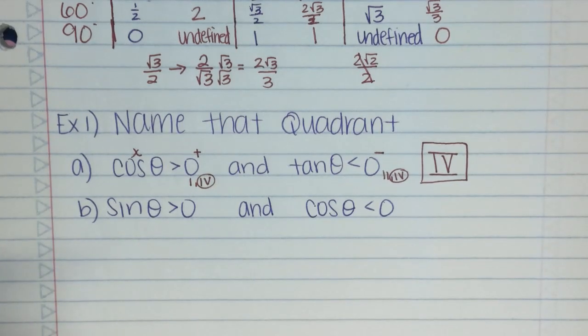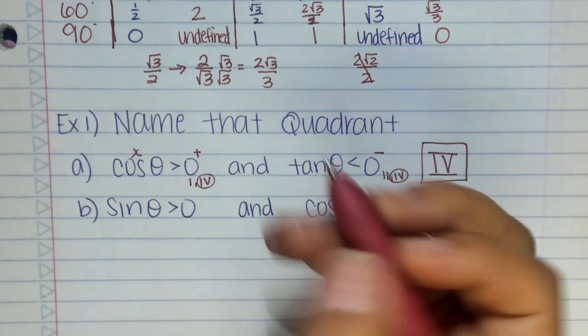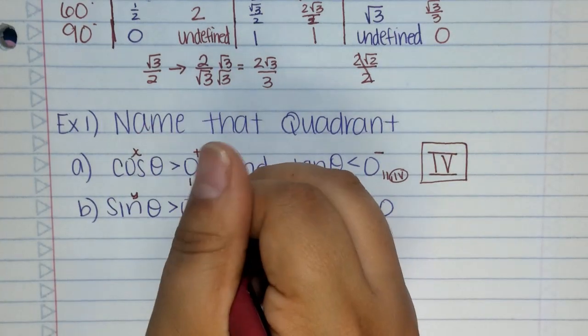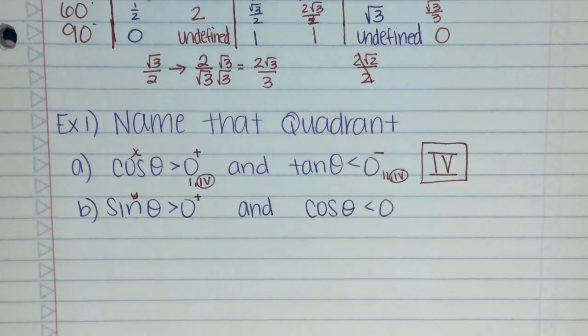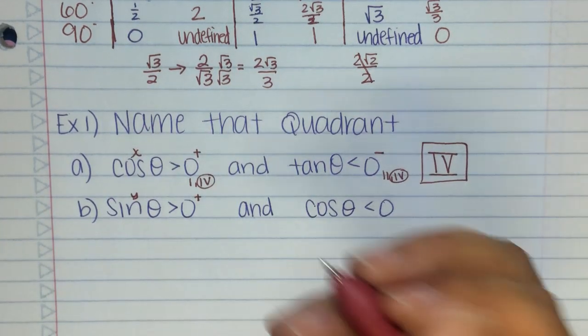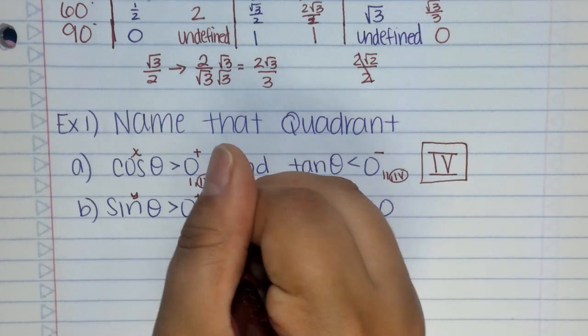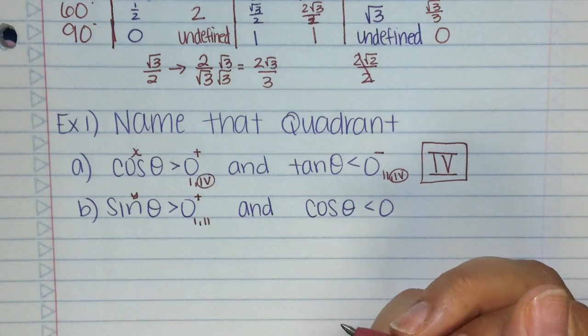Okay. The sine of theta is greater than 0, and the cosine of theta is less than 0. Sine is greater than 0 is, where is y positive? Y positive?